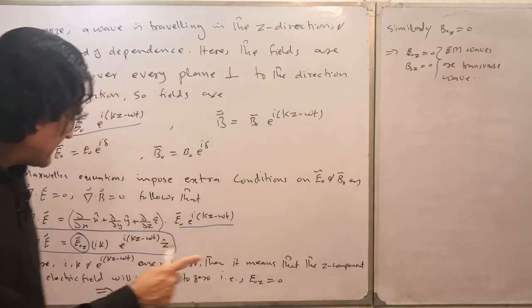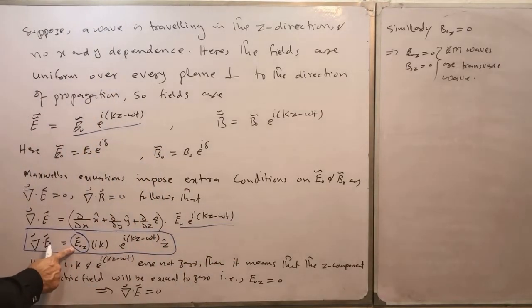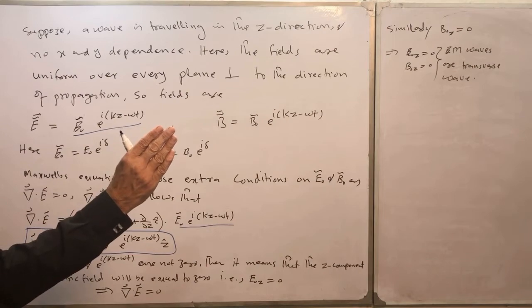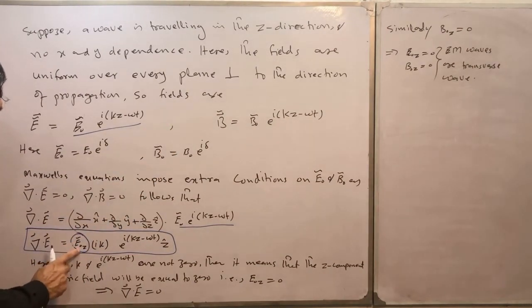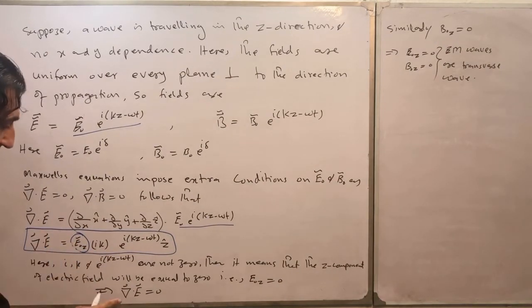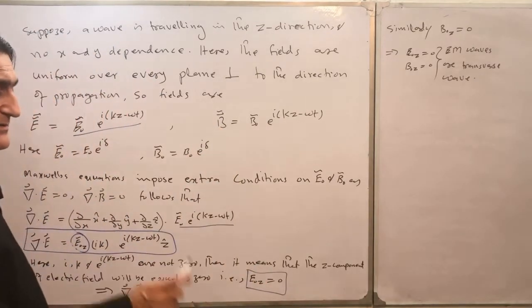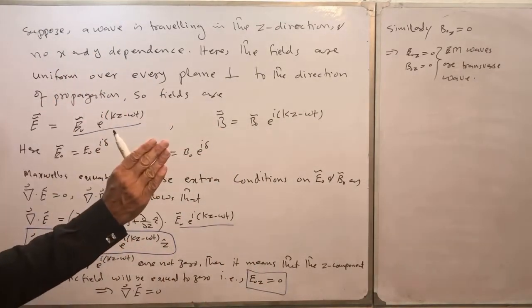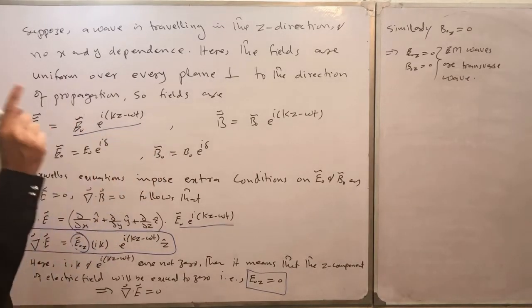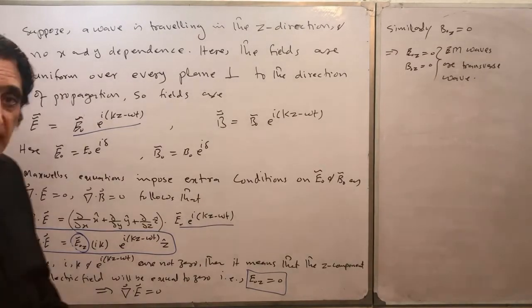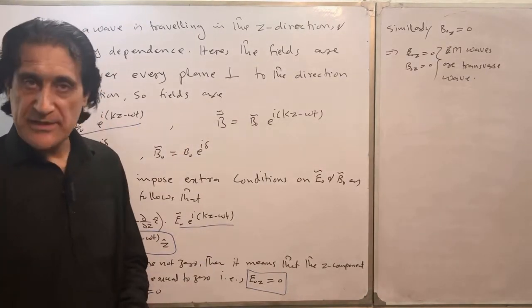So the electric field in the z direction will be equal to 0. There will be no z component of the electric field. So E naught z must be equal to 0, and then the whole term will be equal to 0. If a wave is moving in the z direction, the electric field will not oscillate in the z direction. It will oscillate perpendicular to the direction of propagation.